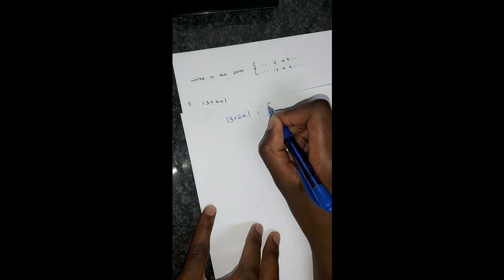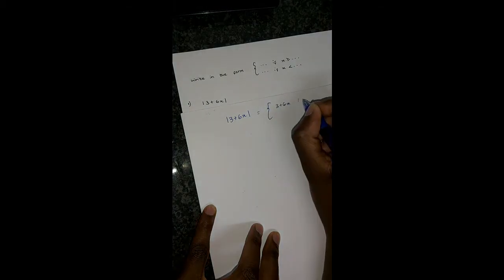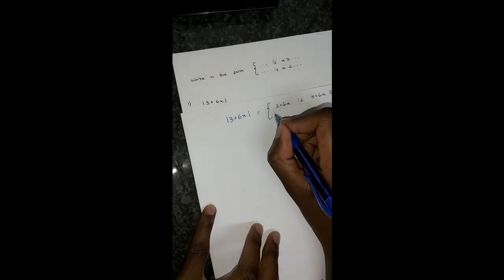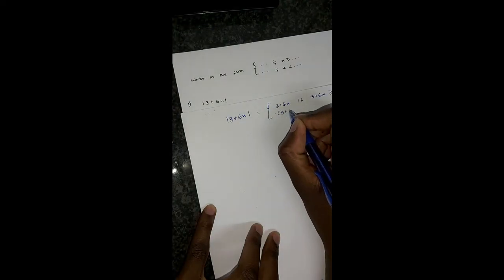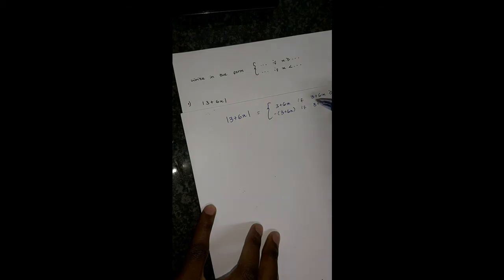So this is definitely equal to 3 plus 6x if our 3 plus 6x is greater or equal to 0, or negative (3 plus 6x) if 3 plus 6x is less than 0. So you can simplify this so that you are only left with x, as instructed by the question.